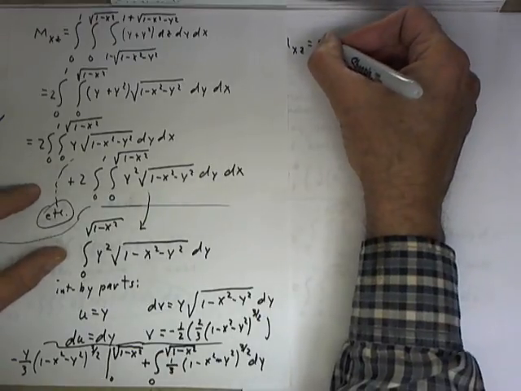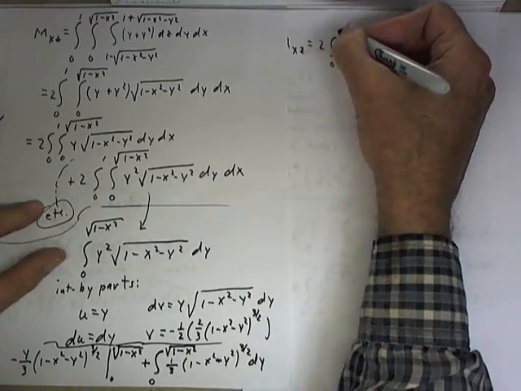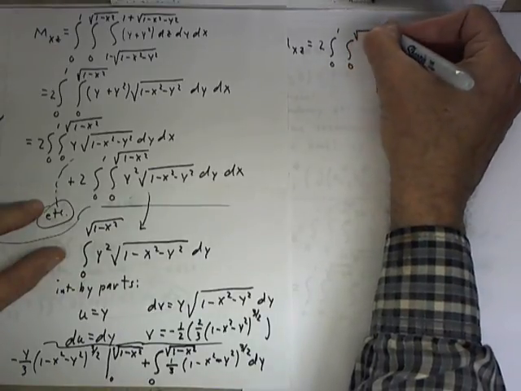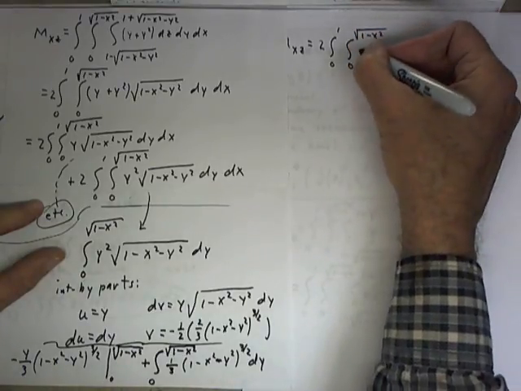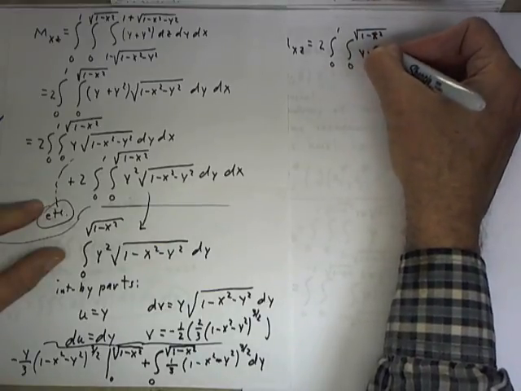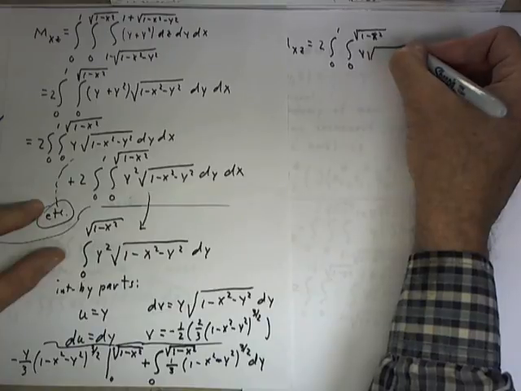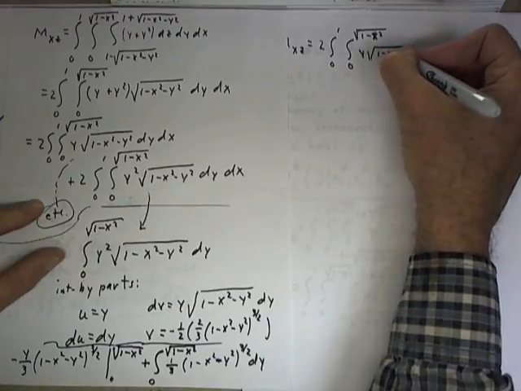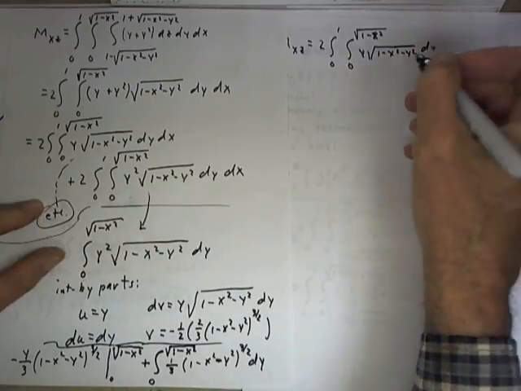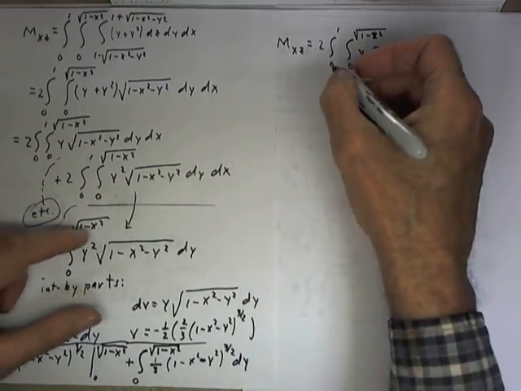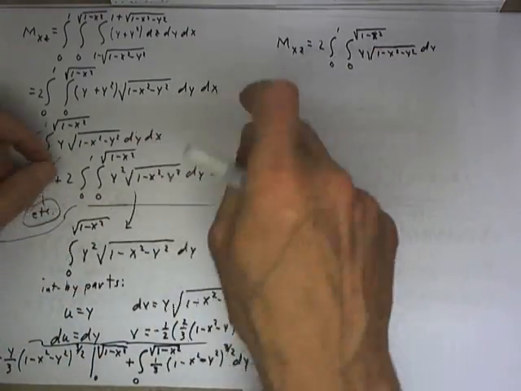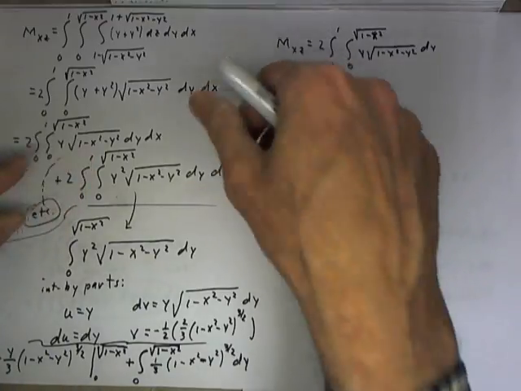So that's going to be 2 times the integral from 0 to 1 of the integral from 0 to the square root of 1 minus x squared of y times the square root of 1 minus x squared minus y squared dy. And then it's going to be plus 2 times the integral from 0 to 1 of this y integral.